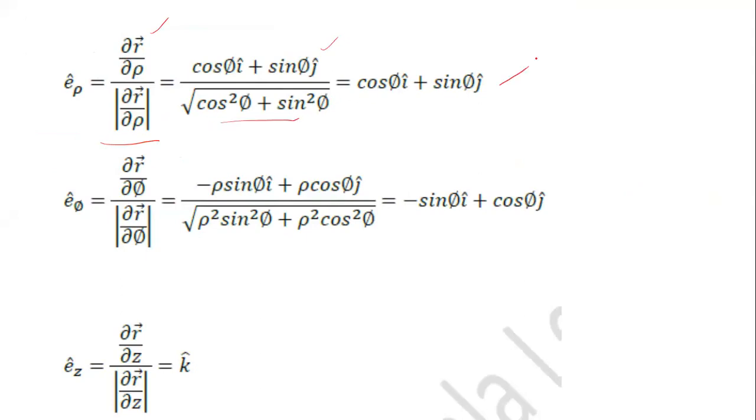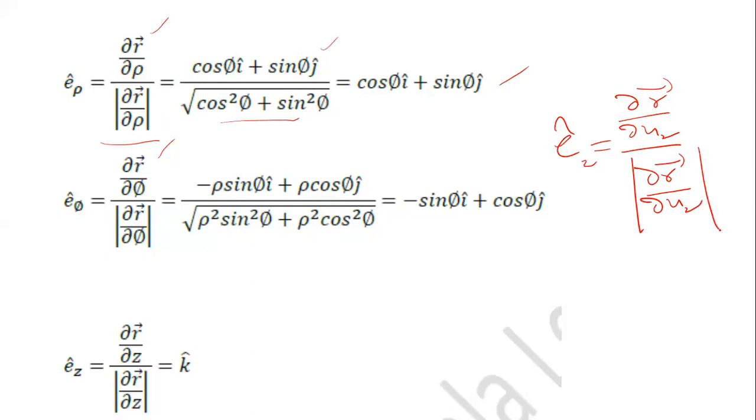Similarly here, E2 cap is del r upon del u2 divided by the magnitude of del r upon del u2. This was our tangential unit vector.